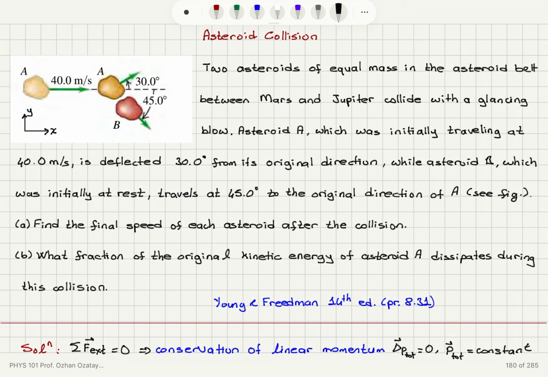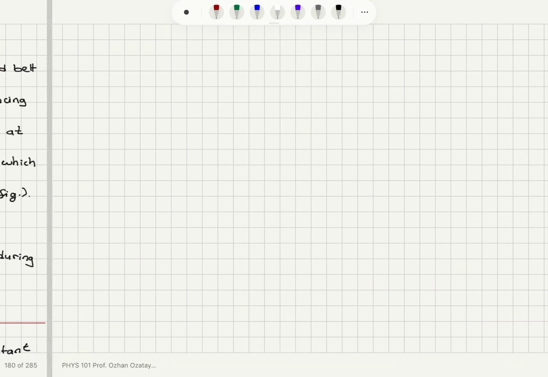So we can write the equation for linear momentum conservation. So we have to note that we have an initial velocity 40 meters per second in I-hat direction for A. For B we have at rest initially, and then finally we have these angles 30 degrees and 45 degrees with respect to the horizontal axis.